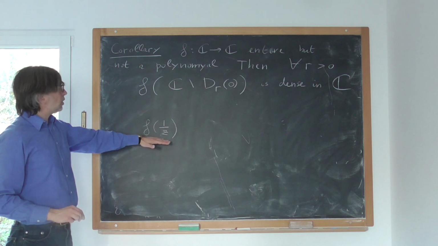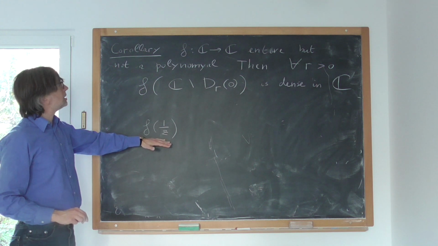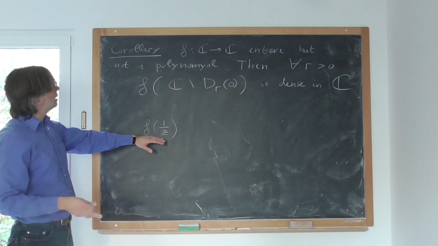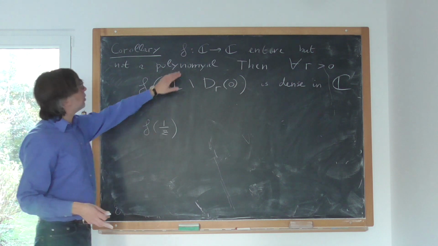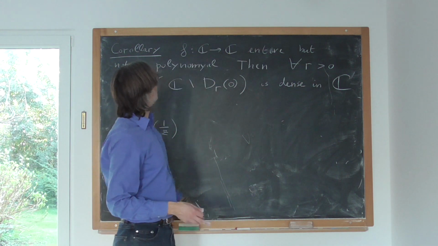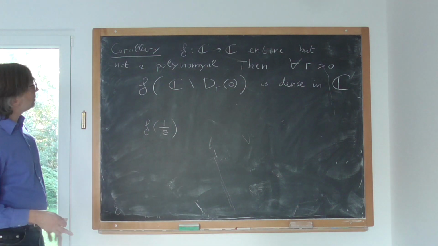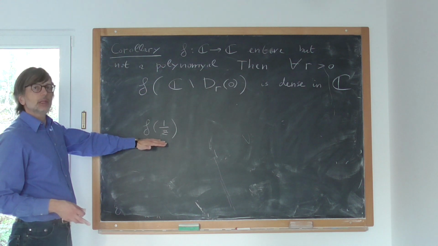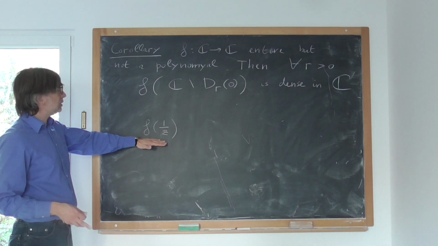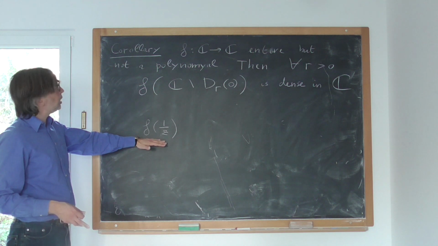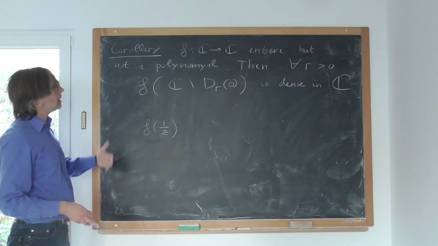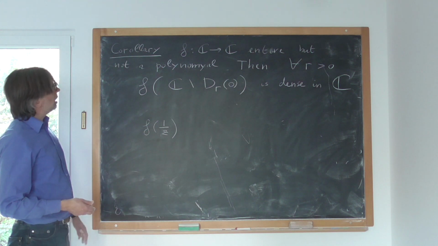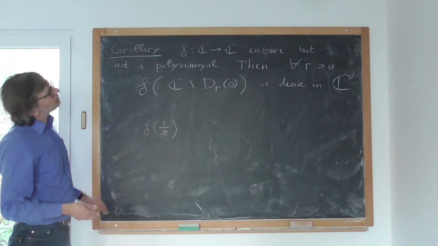And so this function, first of all, is well defined, has an isolated singularity at 0, so it's well defined in a punctured disk centered at 0 because f was defined on the whole complex plane. The fact that f is not a polynomial will tell you that this function has a singularity at 0, which is essential. And then you can apply the Casorati-Weierstrass theorem, and you will get this result.